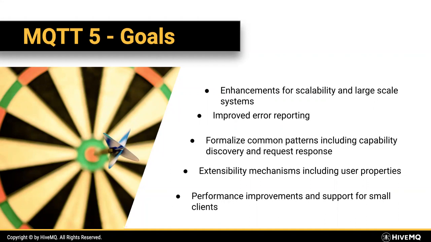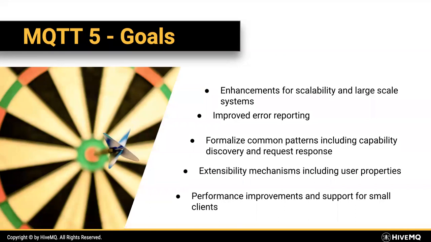It's about enhancements for scalability in large-scale systems. So with the new standard, you can even scale higher. With HiveMQ, you can scale to more than 10 million devices, which is pretty large scale. It also has improved error reporting built into the new protocol version, which was one of the features a lot of developers requested. A lot of formal patterns.